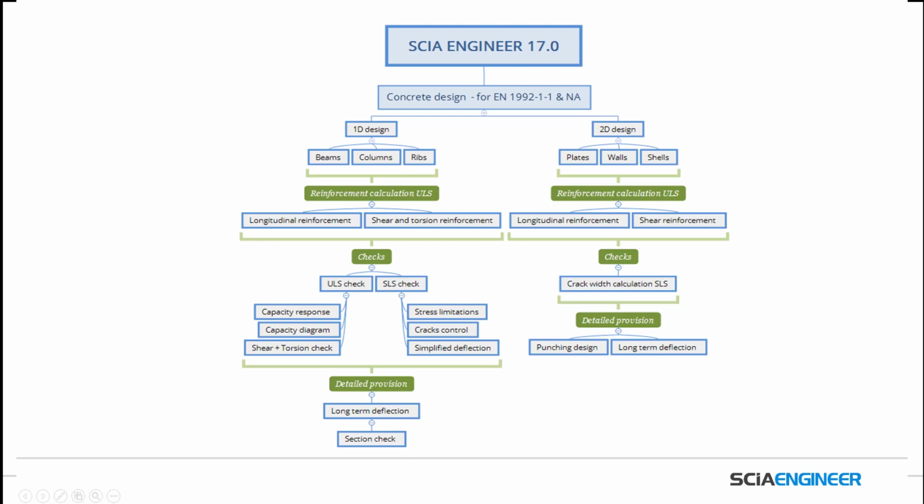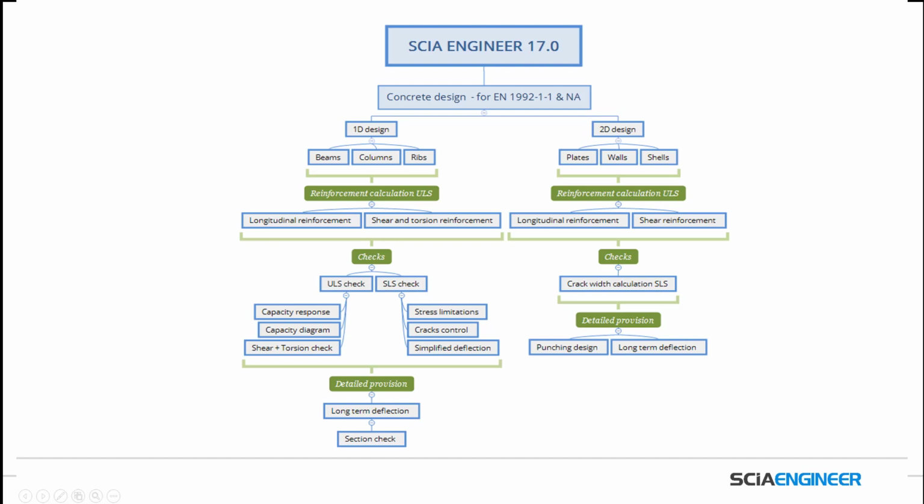For the checking point of view, as I mentioned, we have some checks for the ultimate limit state, which is the capacity response. It means checking the stresses and the strain in the concrete and the reinforcement. Capacity diagram: we use the interaction diagram method for the calculation of the reinforcement. So we are checking the capacity of the cross section according to the internal forces. Then we have a check for the shear and torsion.